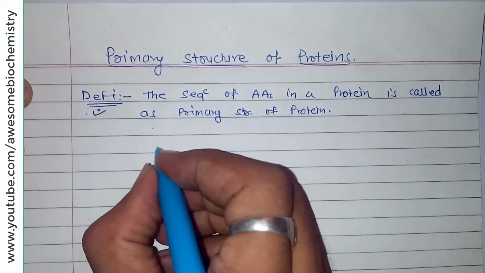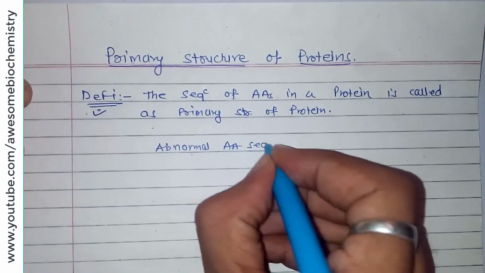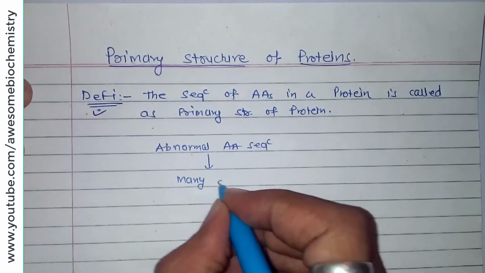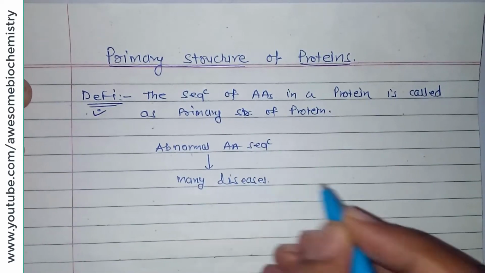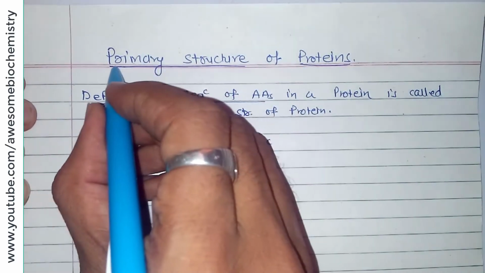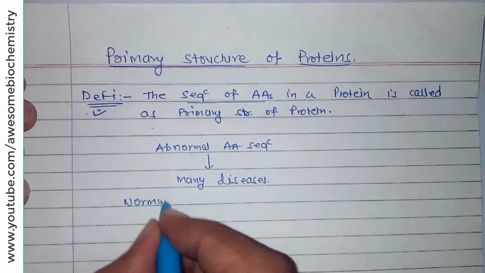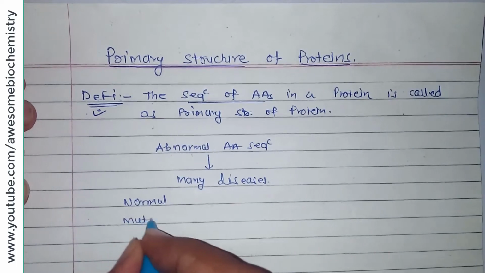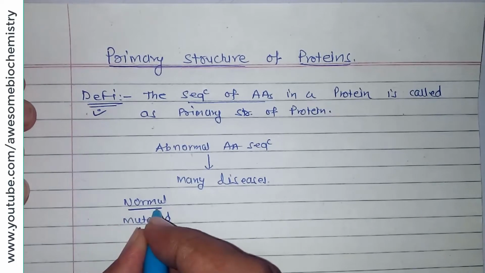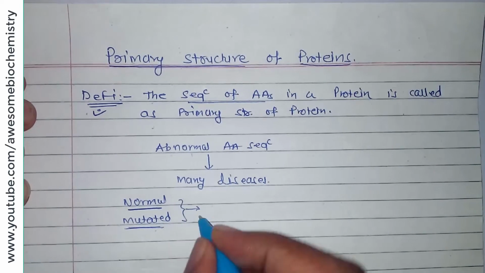The reason is that sometimes an abnormal amino acid sequence occurs in the human body, and this can lead to many diseases. So, if we have knowledge about the primary structure of normal protein as well as abnormal or mutated protein, if we know the amino acid sequence of the normal protein and of the mutated protein, then we can better diagnose the disease.